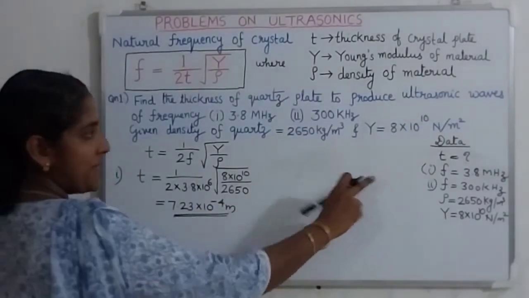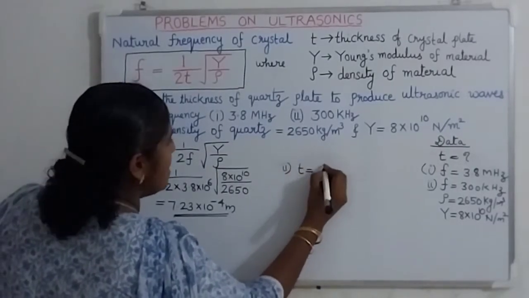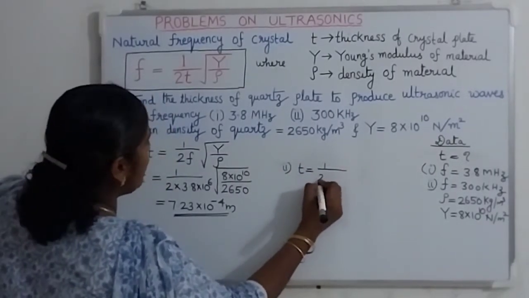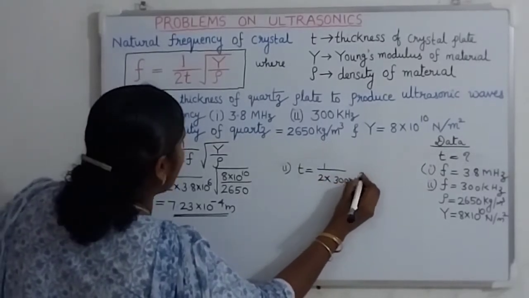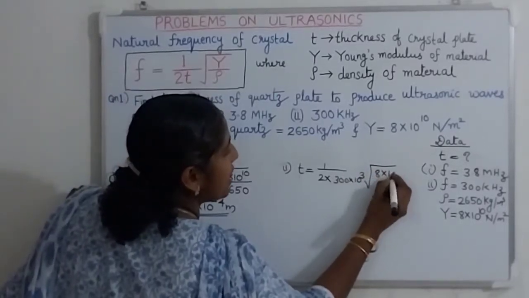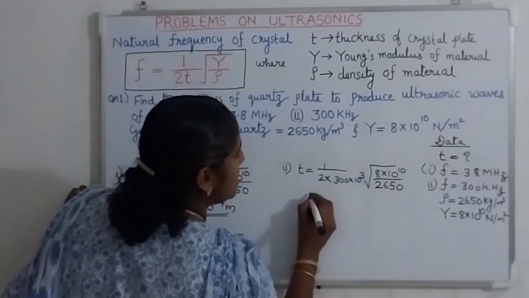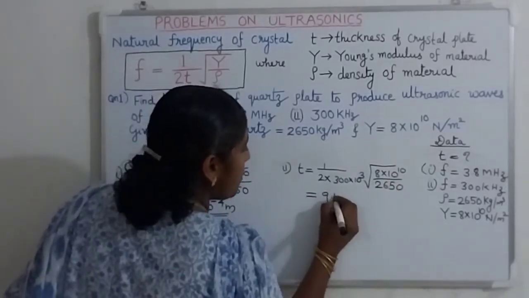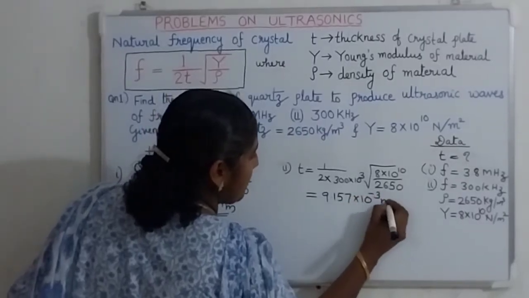For the second frequency, 300 kilohertz, the thickness required is 1 by 2 into f, which is 300 into 10 raised to 3, root of Y, that is 8 into 10 raised to 10 divided by 2650. On calculating this, we will get 9.157 into 10 raised to minus 3 meter.